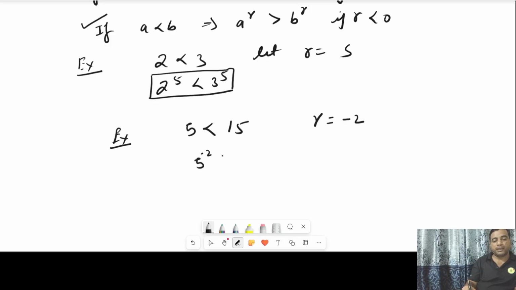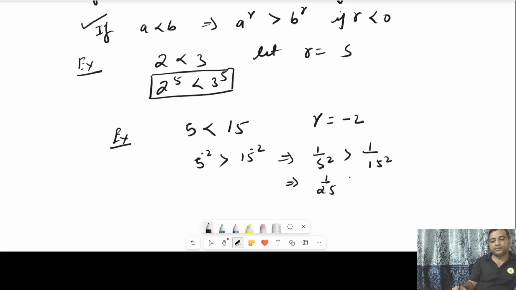So 5 power minus 2 is greater than 15 power minus 2. Why? Because 5 power minus 2 is 1 by 5 squared, and it is greater than 1 upon 15 squared. So 1 upon 25 is greater than 1 upon 225, since 15 squared is 225.